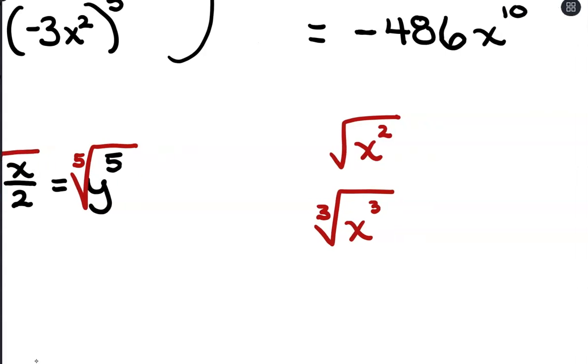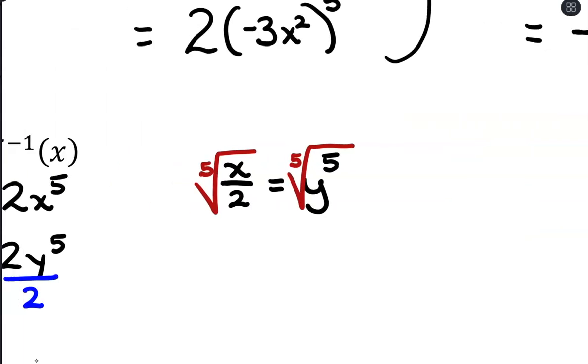Now, when we take the square root of both sides, remember that brings through the plus or minus, and that's only true with the even roots. When we have those even roots, we'll have the plus or minus. When it's odd, we do not have the plus or minus, because we can take the cube root of negative numbers, and it will give us a negative value out.